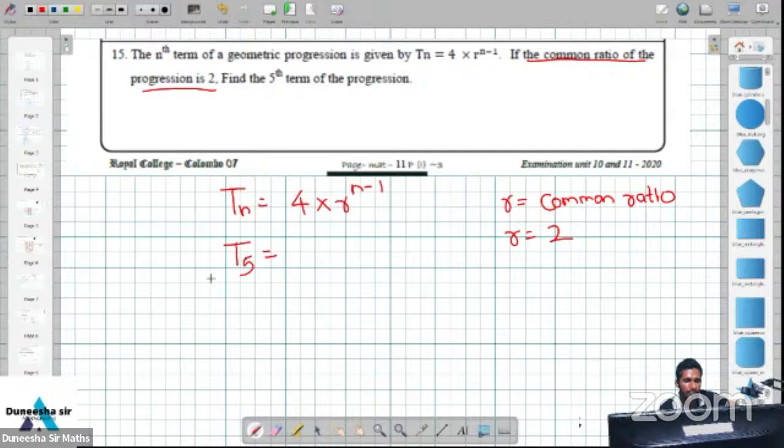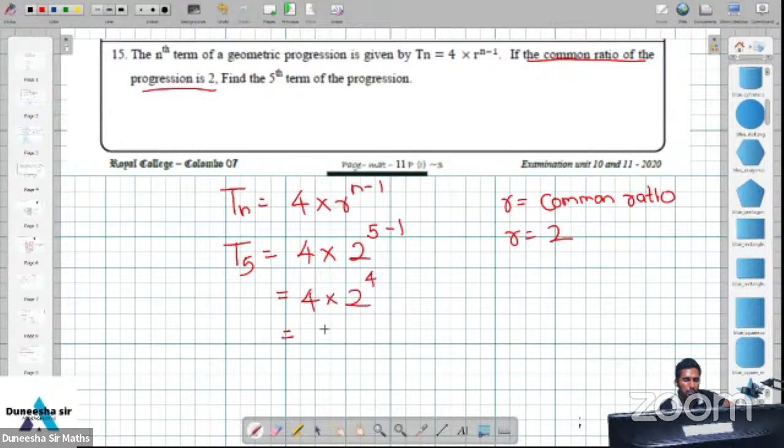T fifth, the fifth term. Then 4 multiplied by r is 2. n is now 5, 5 minus 1. 2 multiplied by 2 to the power 4.